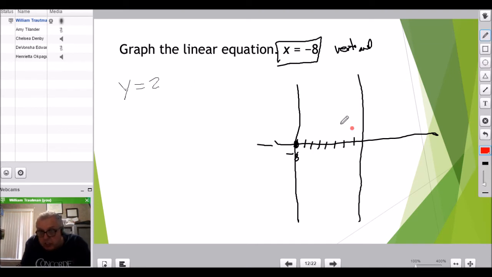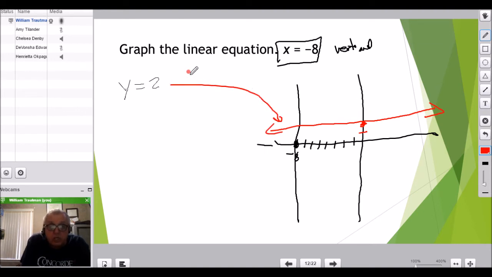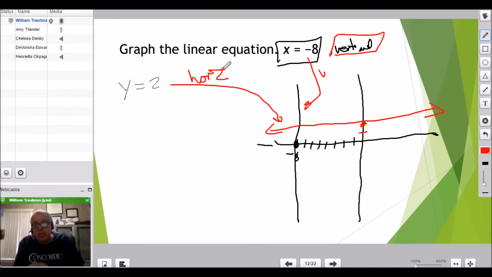You go to y equals 2, put a dot there, and the only y the graph can go through is y equals 2. That's the only y. It's a horizontal line, and x equals is a vertical line. Anything that says y equals by itself with no x, it's a horizontal line. If it says x equals, it's a vertical line.